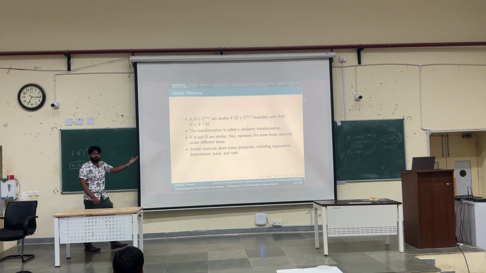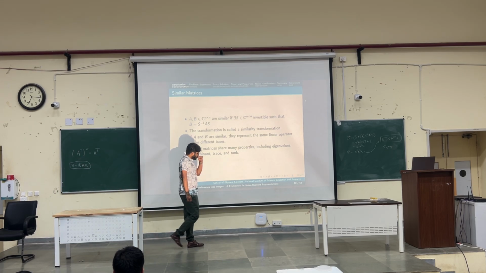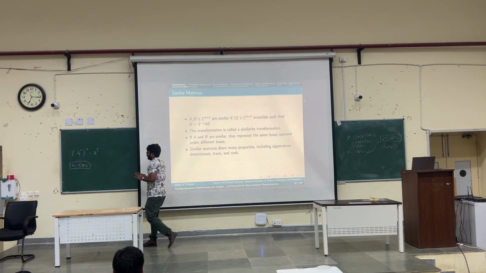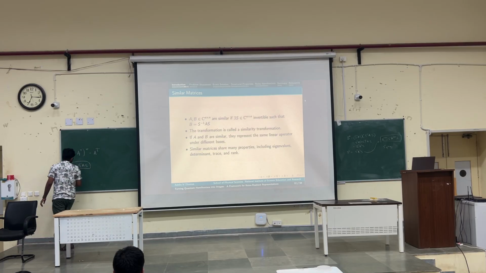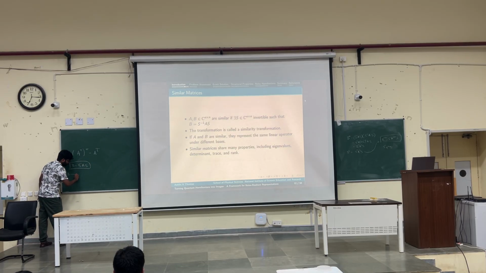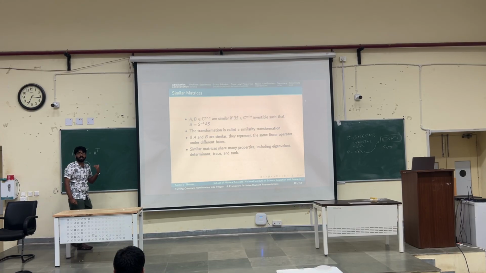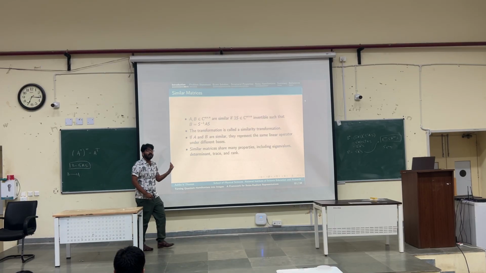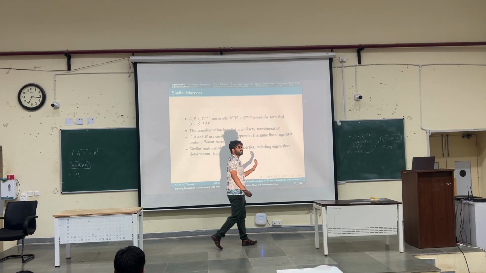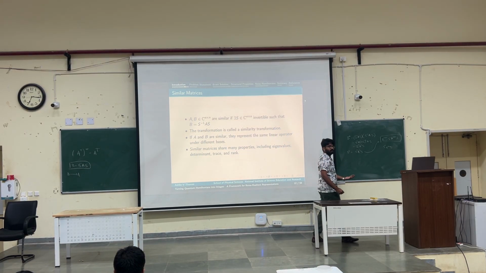We saw an example just now. When you move from B to A by multiplying S inverse on its left side and S on its right side, or when you move from A to B, this is a transformation of matrices. You are transforming one matrix into another, and this transformation is called a similarity transformation.